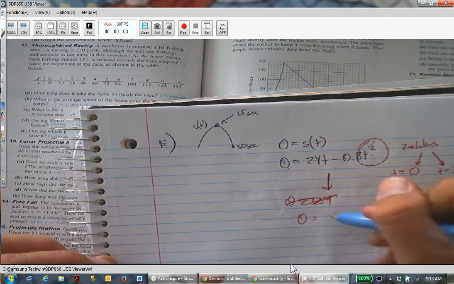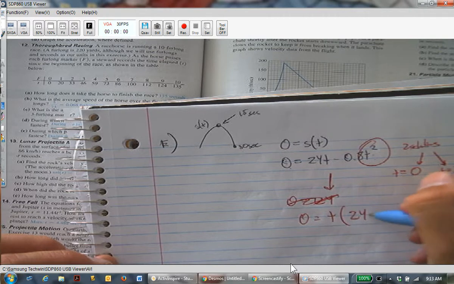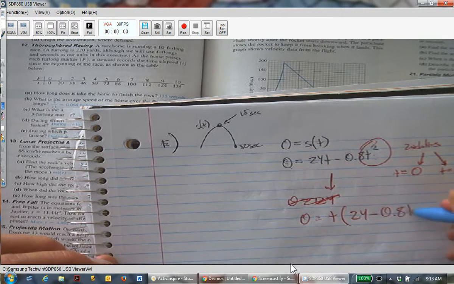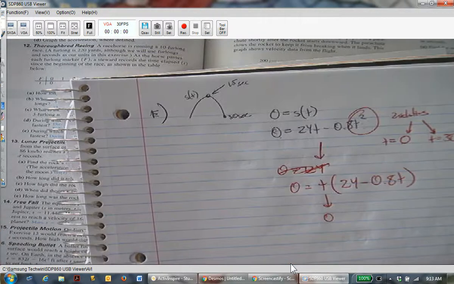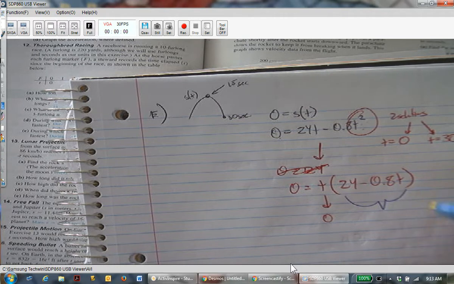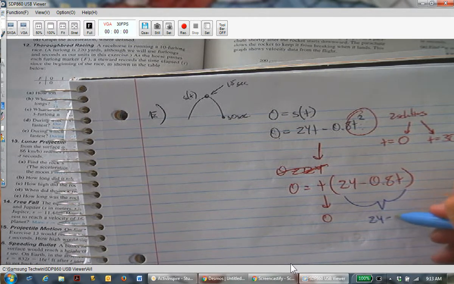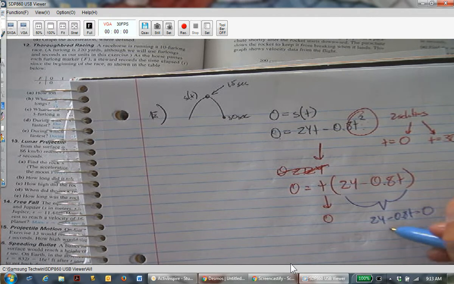So it would be 0 is equal to t times 24 minus 0.8t. This is where t is equal to 0, right? That's one solution. The other solution, well, you would just set this equal to 0. 24 minus 0.8t is equal to 0. And if you want to do the math, it'd be 24 is equal to 0.8t.